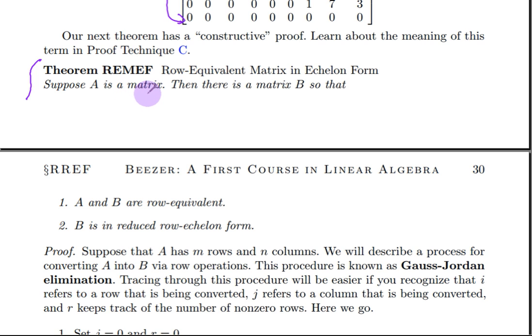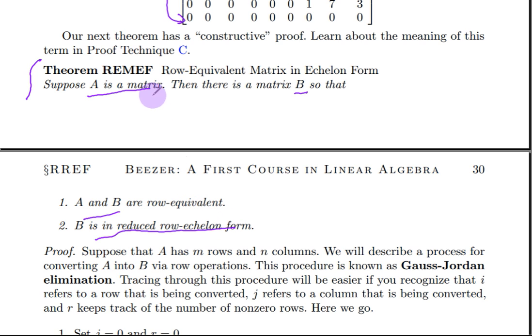And that's good because I want to be able to convert any system of equations into a system of equations in simple form. Right, so what the theorem says is if A is a matrix, then there is a matrix B so that A and B are row equivalent and B is in reduced row echelon form.